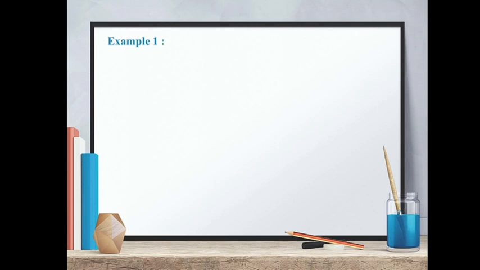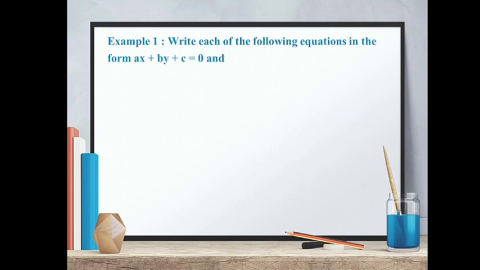Then example 1: write each of the following equations in the form ax plus by plus c equals 0 and indicate the values of a, b and c in each case. So here we have taken one example.